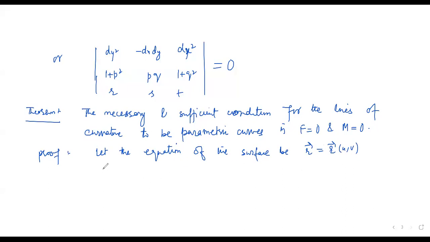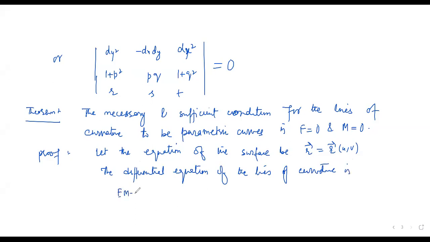The differential equation of the lines of curvature, we know what it is: (EM − FL) du² + (EN − GL) du dv + (FN − GM) dv² = 0.